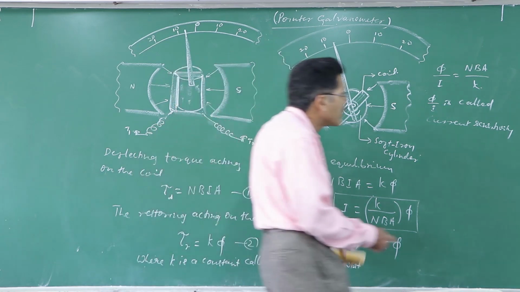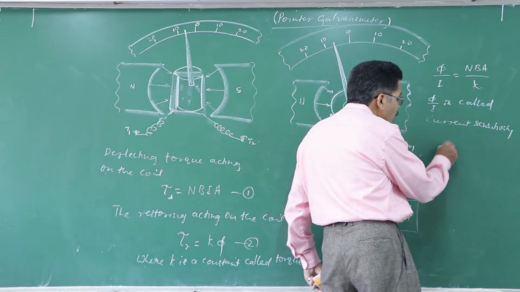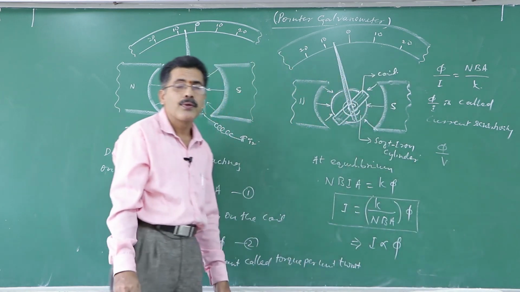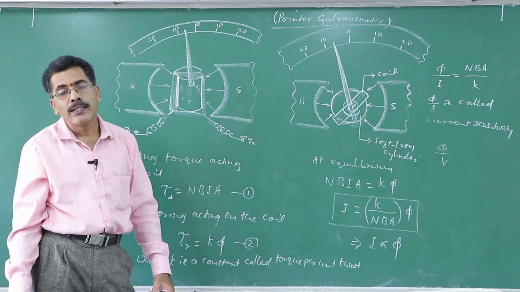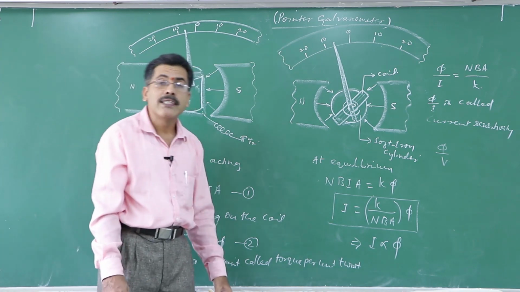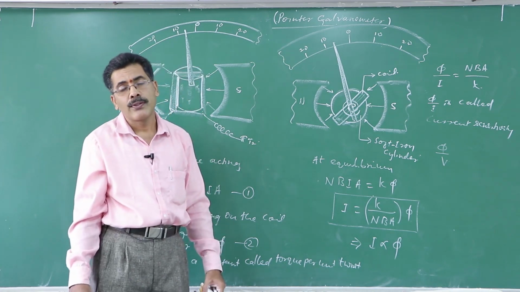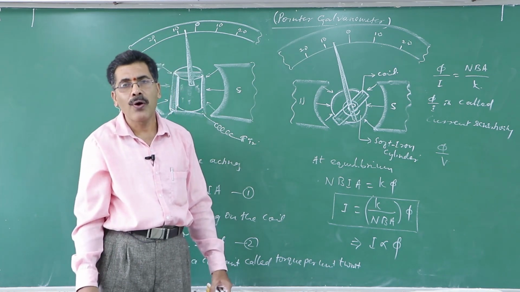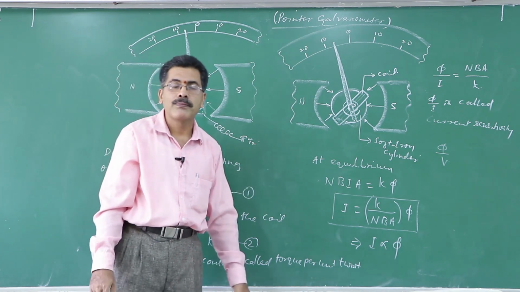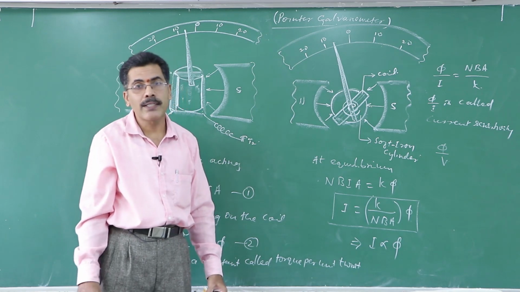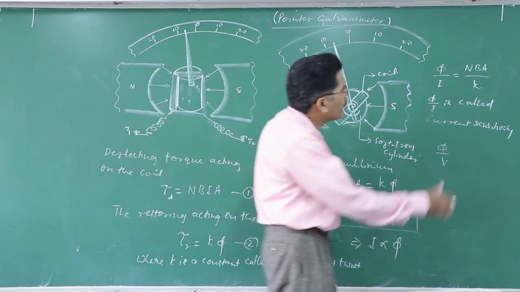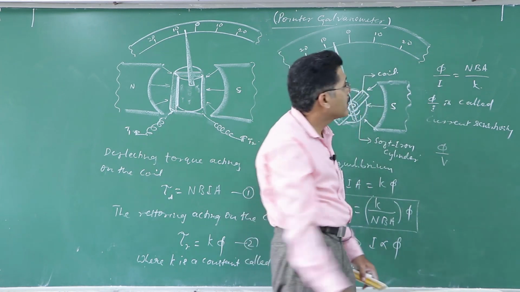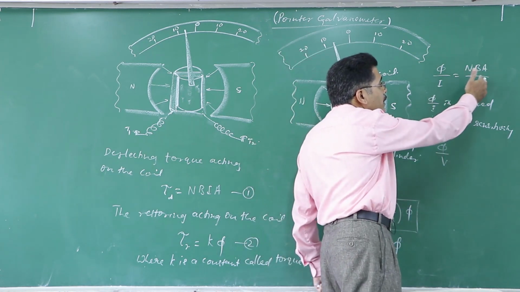What is voltage sensitivity? It is indicated by phi by V. It is the deflection produced per unit potential difference applied across the coil. How can this be done? If you multiply R on both sides, the denominator becomes I into R, so NBA divided by KR.